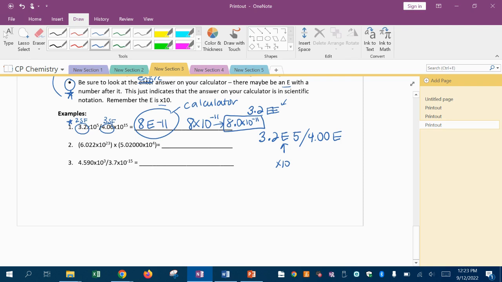So you have 6.022, second. In my case, I'm using a graphing calculator, so I'm going to hit comma 23. So now my calculator says 6.022 E23 times, and I'm going to enter the next number, 5.02000 E, so a second, comma again for my graphing calculator, 4.